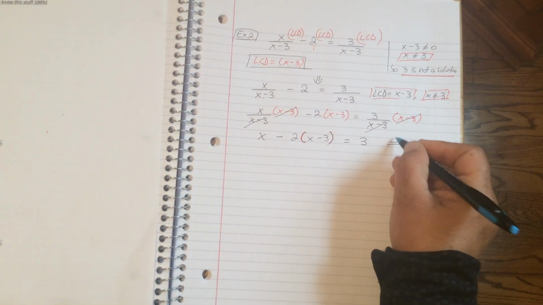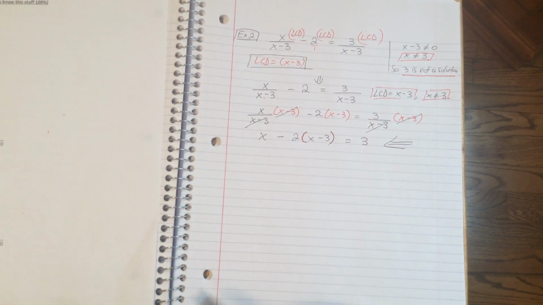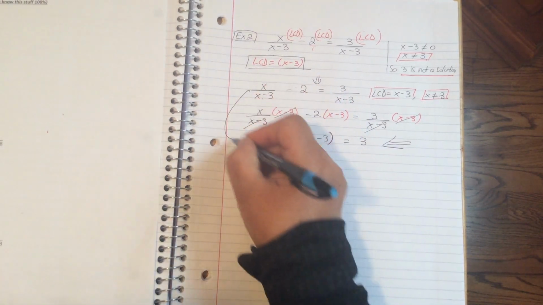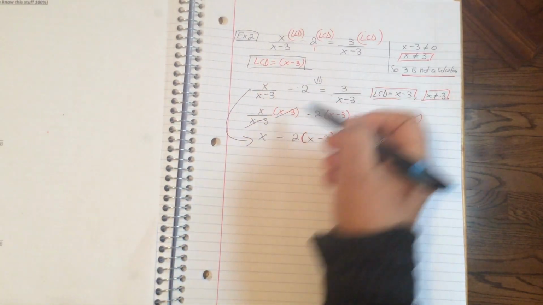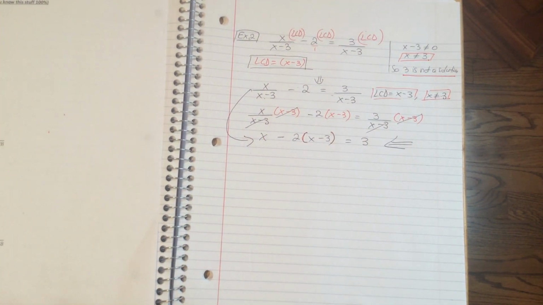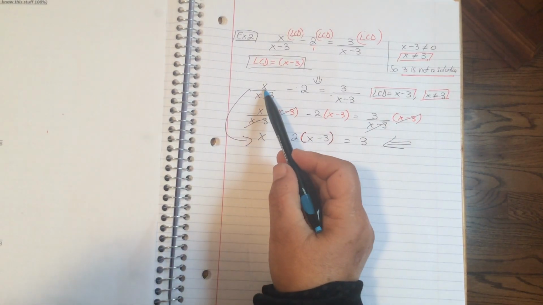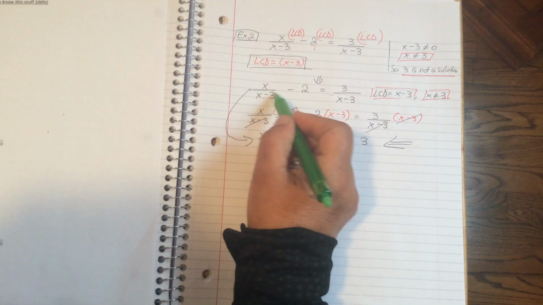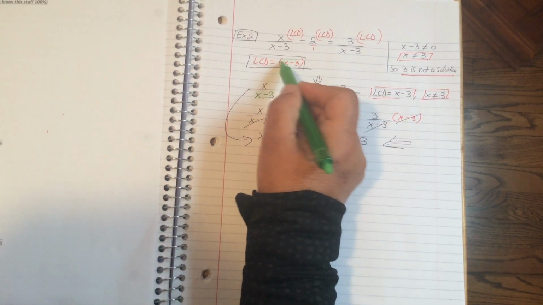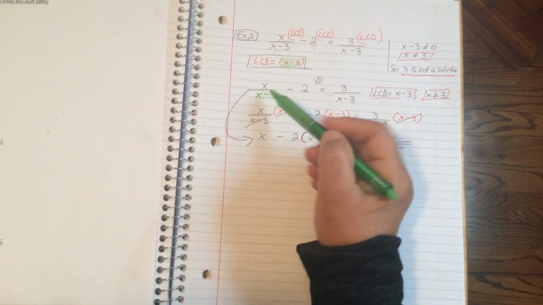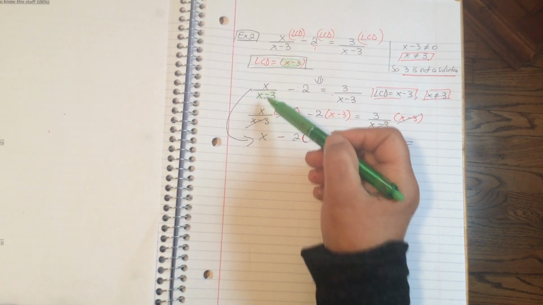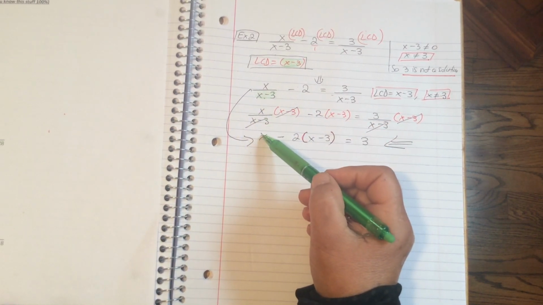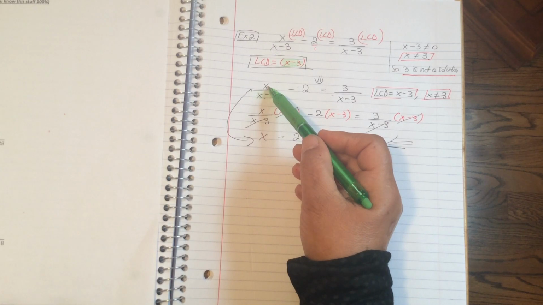Now let's pay attention in this row, because I want to go from the first row to here, okay? Now, what do we see? We see that the first fraction is just x. Why?